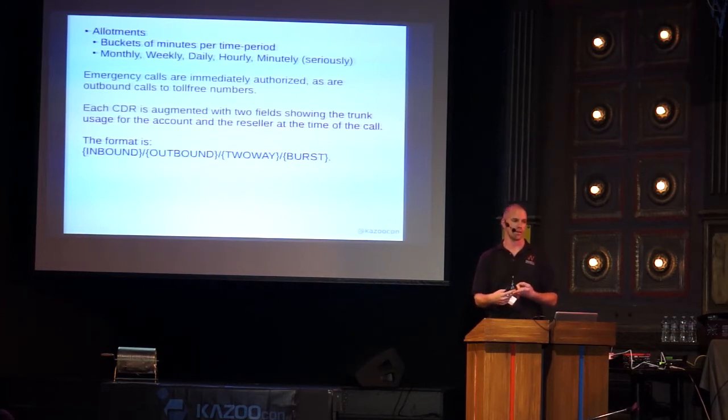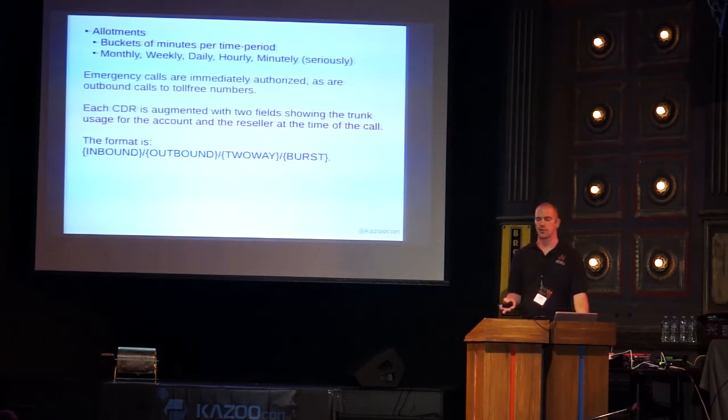There's also a flag for emergency. And so depending on how your country does emergency calls, we will automatically authorize that call. It will skip the whole process of authorization. The other thing, especially for US, is if it's a toll-free and it's an outbound call, we will bypass all the authorization and just let you make the call, because presumably you're not being billed for it.